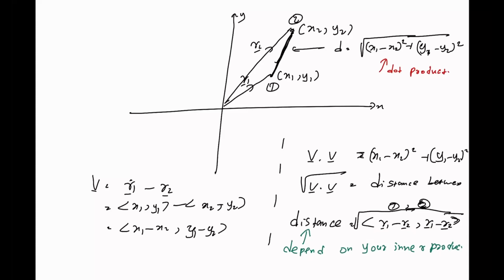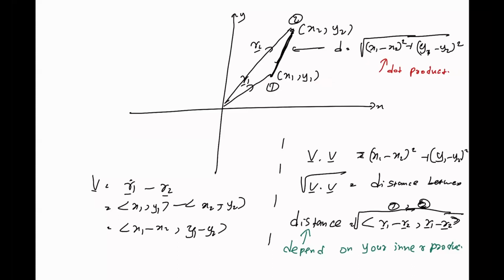But if it is mentioned, and there's a distance in some sort of question, you need to use the defined inner product, not the Euclidean dot product. It is pretty important, right? You cannot use this formula for a different inner product. Okay? You got the point?